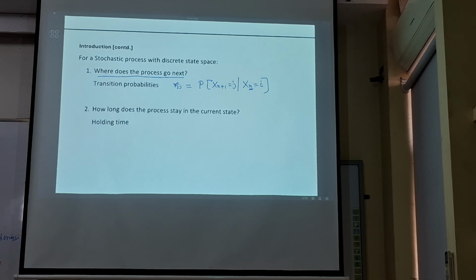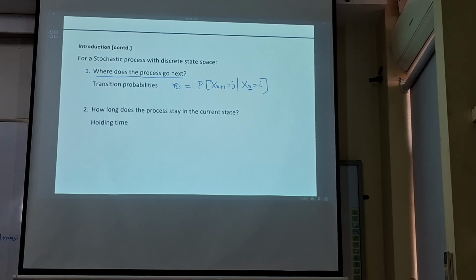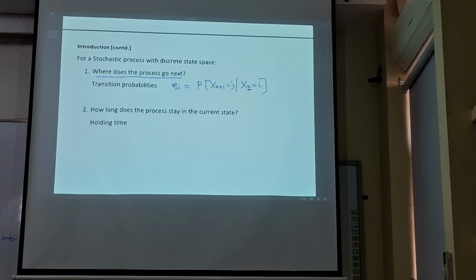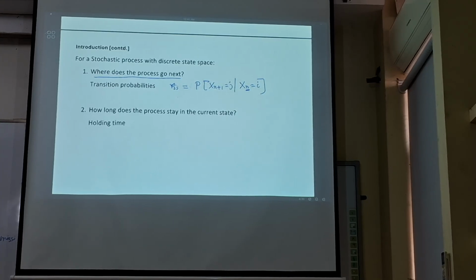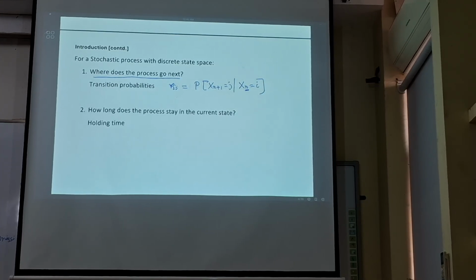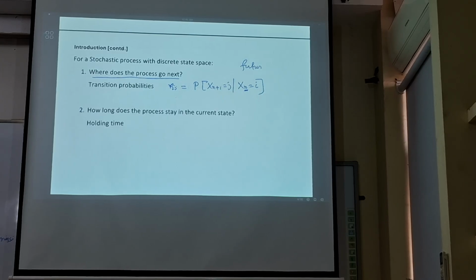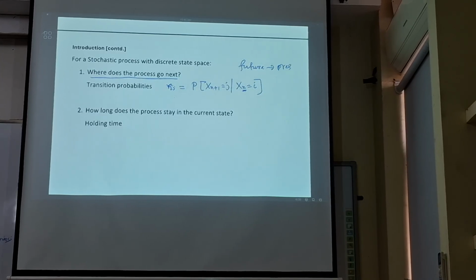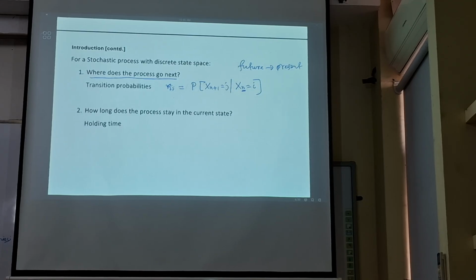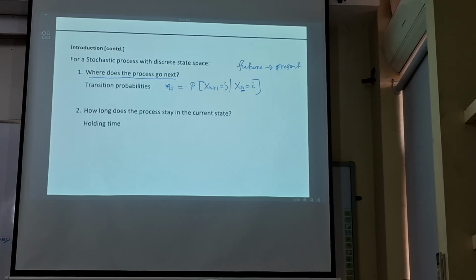And the process will forget all the states that have been visited in the past. Hence, we say the future depends on what? The present. And that is the Markovian property.